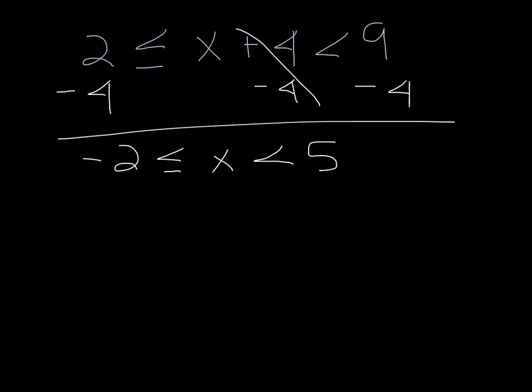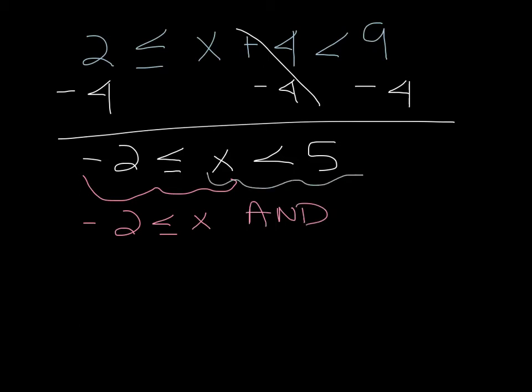Now this might look a little intimidating, but you can kind of break it into parts. So this is actually saying negative 2 is less than or equal to x, and you can break this part, which would be x is less than 5.